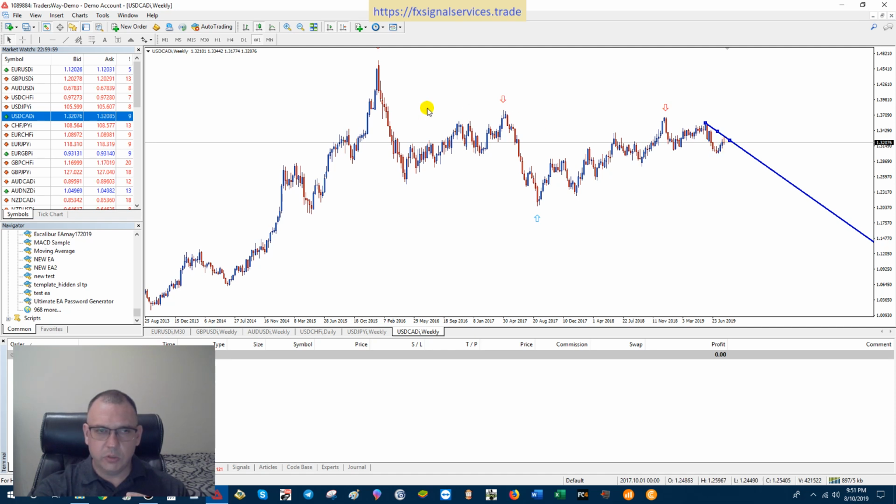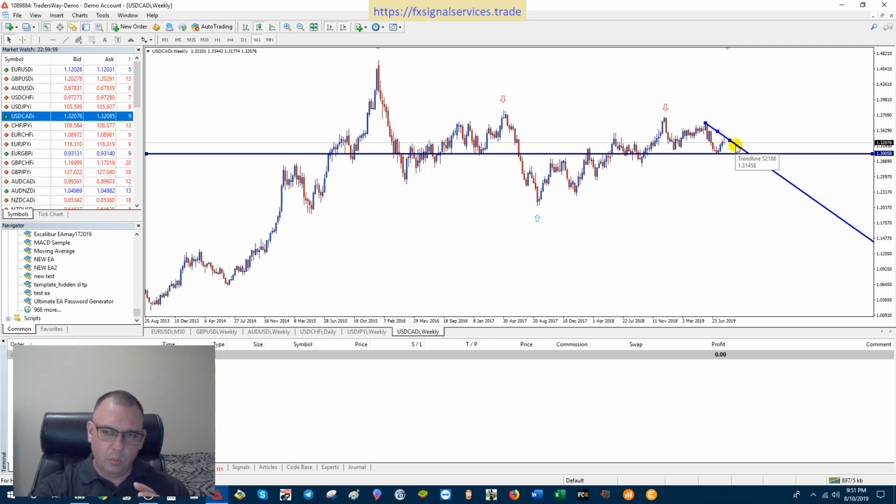If I draw a horizontal line right here, you can expect this to drop and come back up and touch this trend line. Now, will it break this trend line and form a new uptrend? I seriously doubt it. I think it's going to break this support and keep going down further.